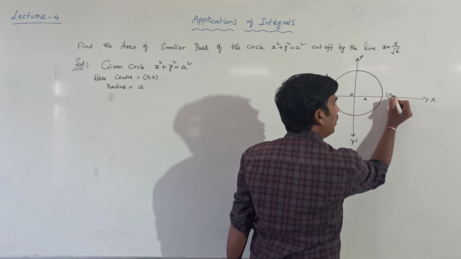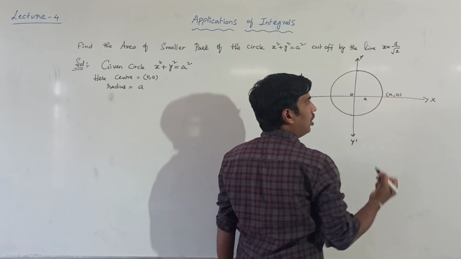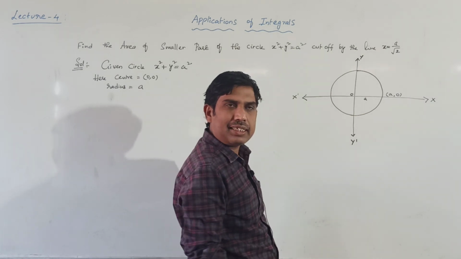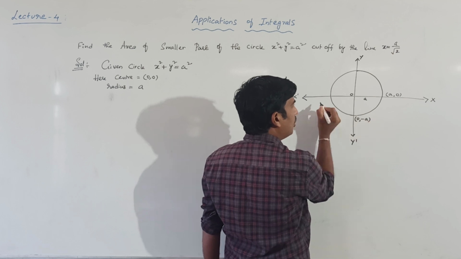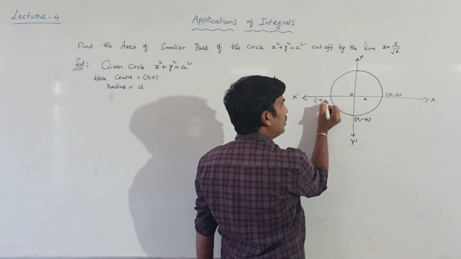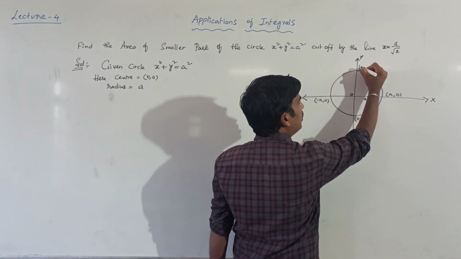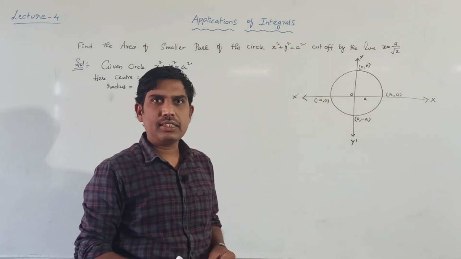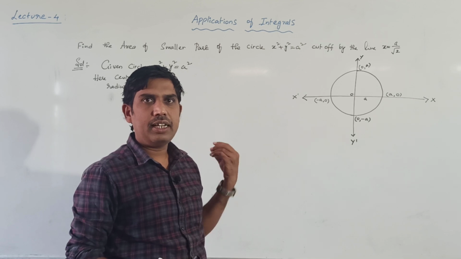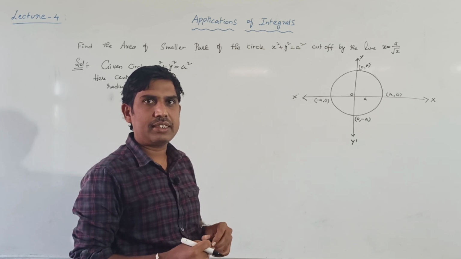We take the points a comma 0 on the positive x axis, 0 comma minus a, minus a comma 0, 0 comma a, where the circle cuts the x axis and y axis.